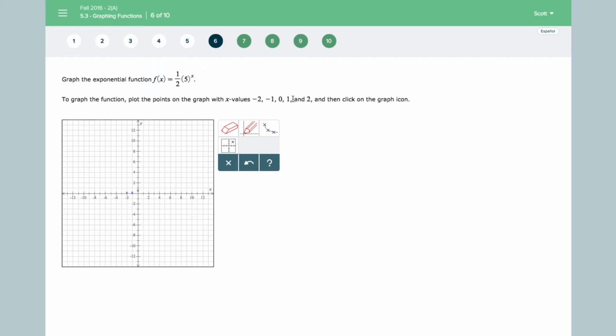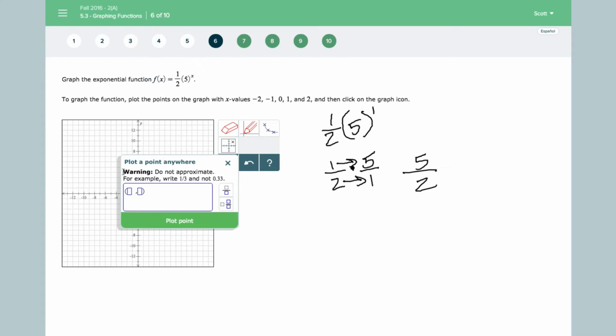Okay, anything to the 1 power stays itself. So 1/2 times 5 to the 1 power is the same thing as 1/2 times 5, which is also 5 over 1. Then we multiply straight across. 1 times 5 is 5. 2 times 1 is 2. And that's our answer. So when we plug in a 1, we get 5 over 2, just like that.